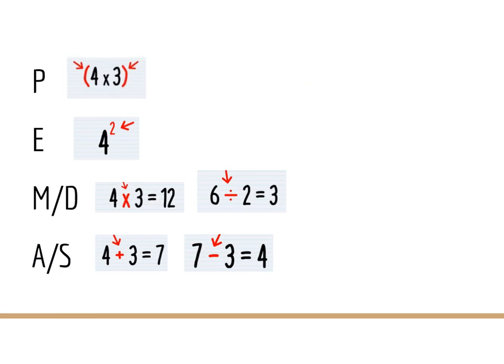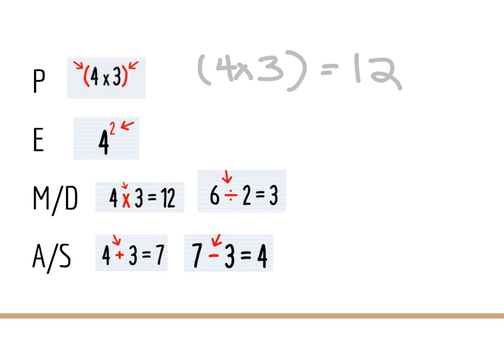All right, so just reviewing order of operations, P is parentheses. Parentheses look like that. If you remember from yesterday, we very rarely find one by itself. And if you see parentheses, you solve it first. So 4 times 3, it's in parentheses. We would do 4 times 3, which equals 12. Exponents are the numbers that are raised to.